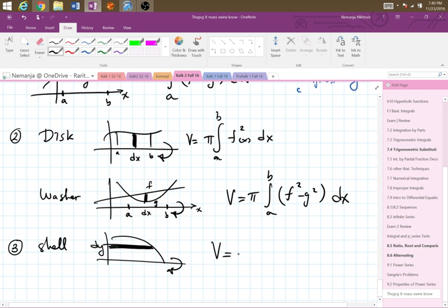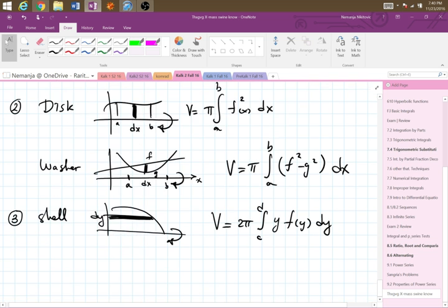So volume will be 2 pi integral from c to d of y times f of y dy if the rotation is on x. And we'll have volume equal to 2 pi integral from a to b of x f of x dx if rotation is on y. They have to be opposites from each other.